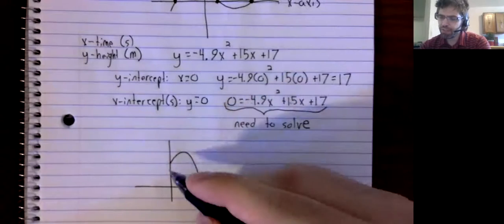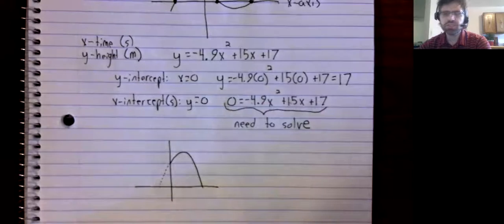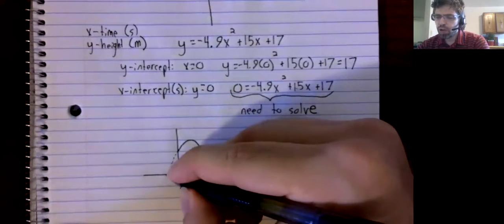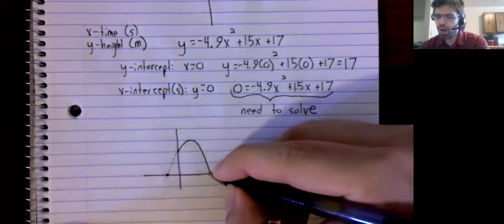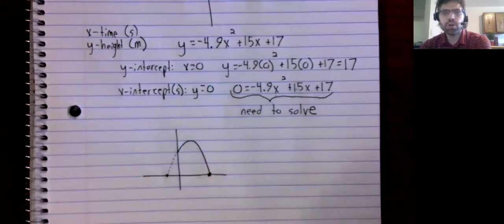If we graph this thing, it looks like this, and there are two x-intercepts. However, only one of them has any meaning.